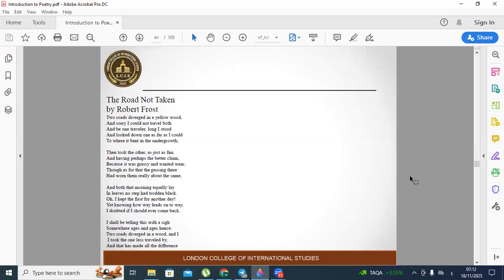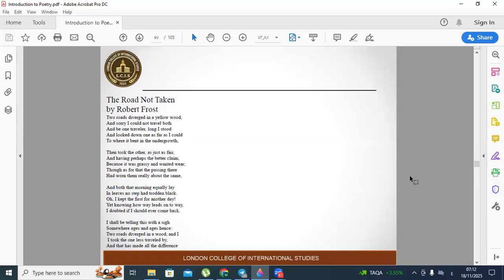Then took the other, as just as fair, and having perhaps the better claim, because it was grassy and wanted wear. Though as for the passing there, had worn them really about the same, and both that morning equally lay in leaves no step had trodden black.